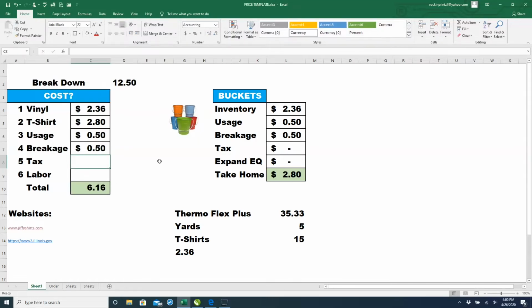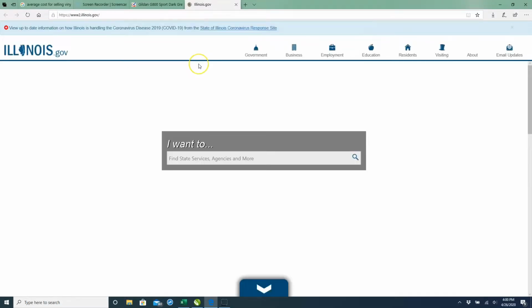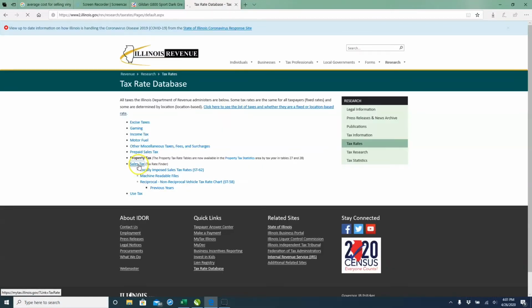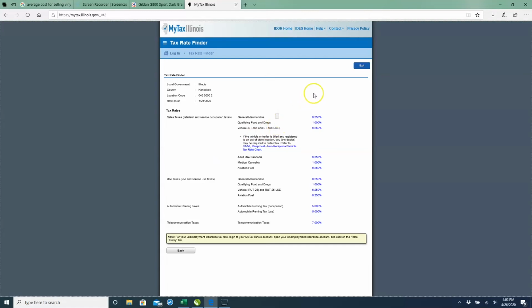And tax, I have this website here where I went to www.illinois.gov, and I want to show you where I got the tax. So I went to tax rates, alright, and then I click conduct inquiry.